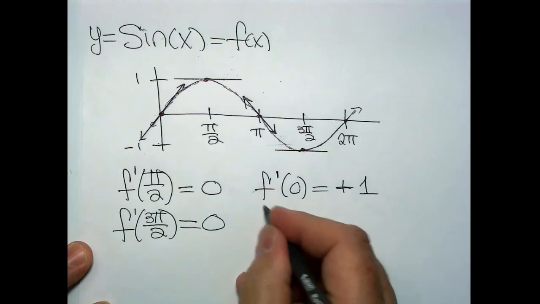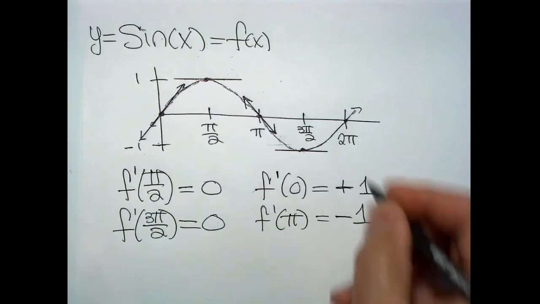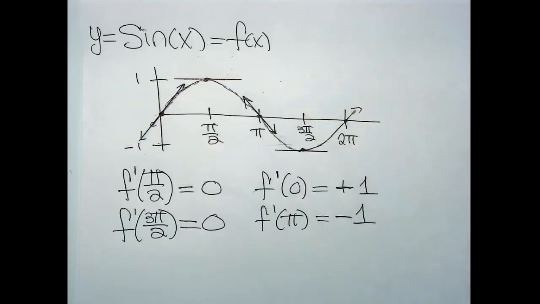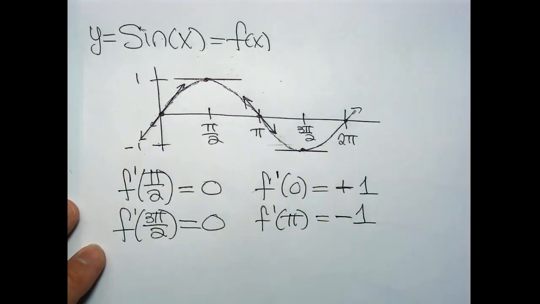That looks like a negative slope. And finally, at 2 pi is more of a repetition of 0, so we don't have to do that one, right? Because that's just another positive 1 slope.